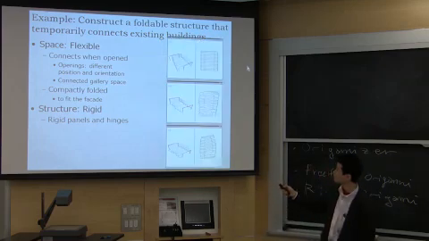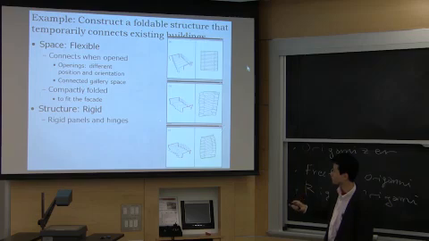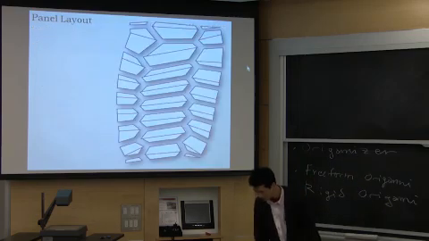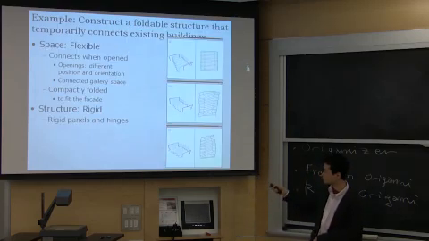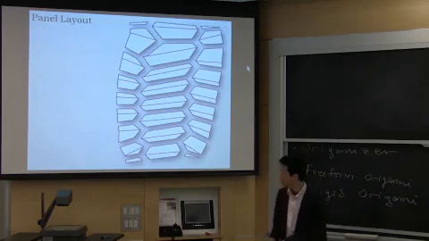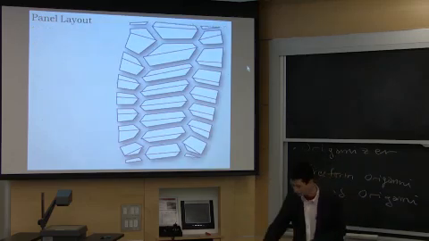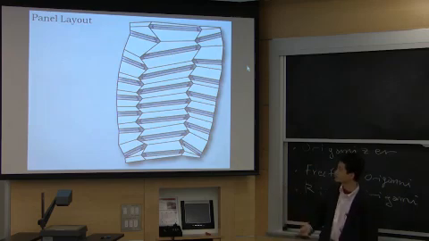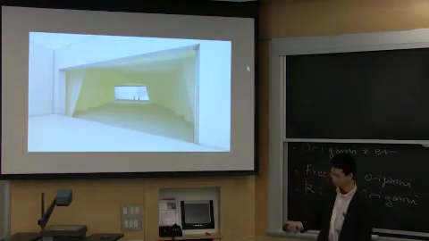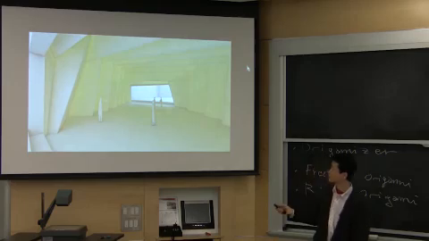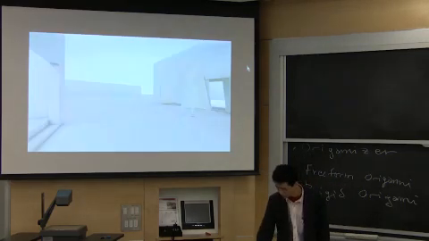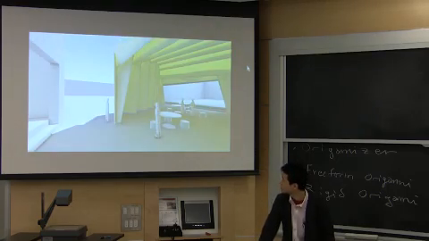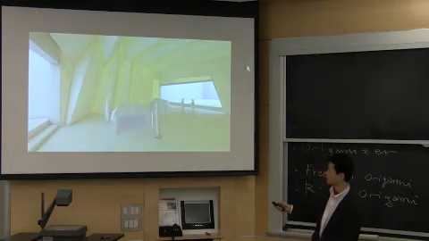But still, you can connect them with freeform origami, and also you can keep the boundary to fit on the ground, and then you can get these form variations, and you can choose one of them and calculate the paneling patterns. This is a rendering representation, but basically you can make this kind of structure that can connect two buildings.